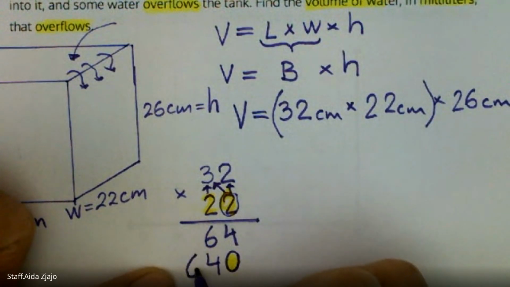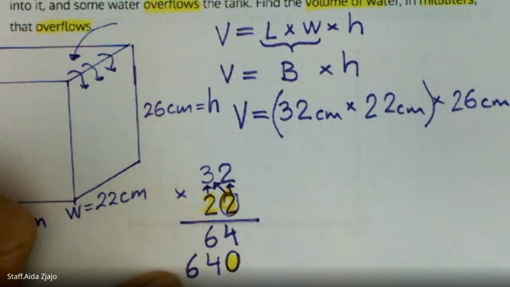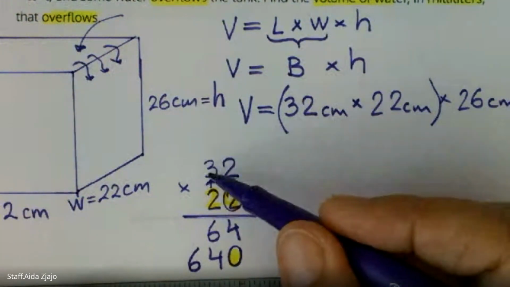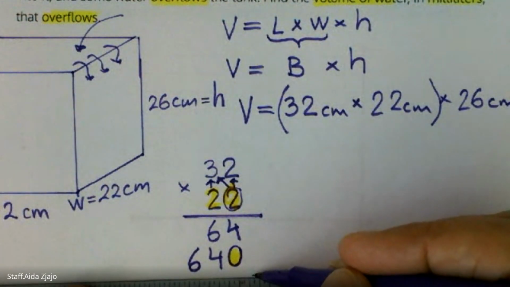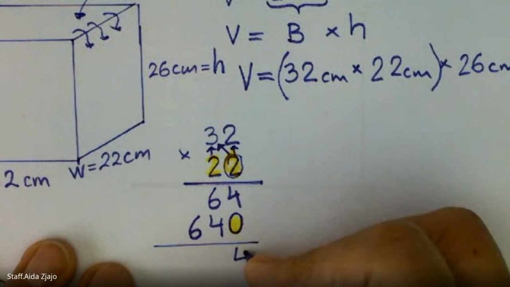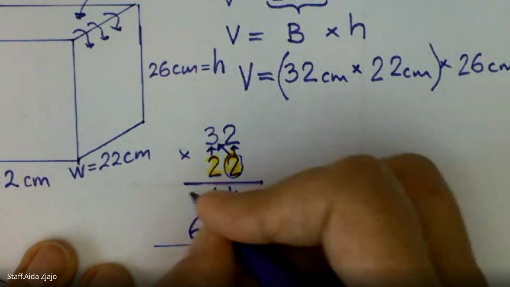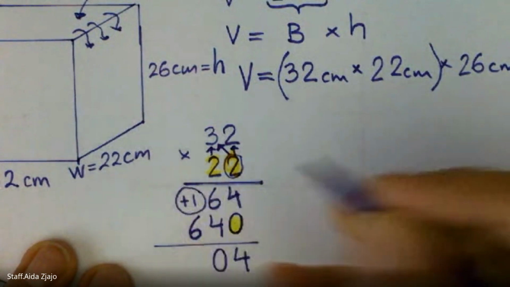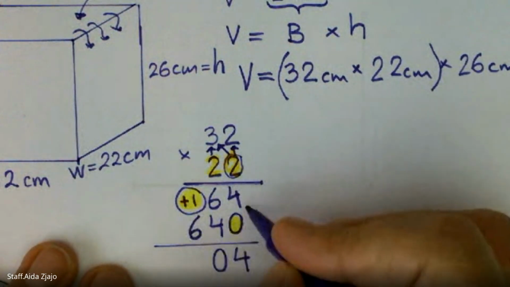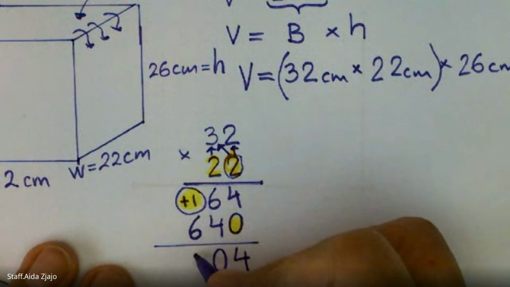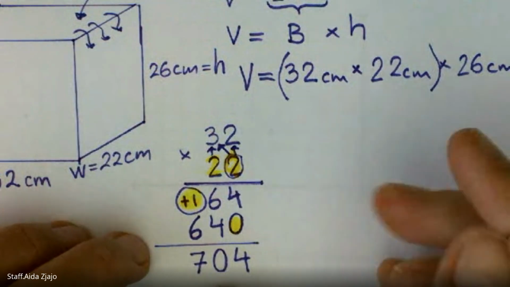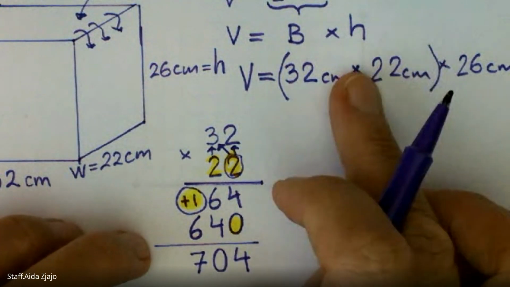So 20 times 32 is 640. Okay, remember the 1 I put in a circle, so don't forget to add this one. So that means 4, 0, plus 64 gives 704. Our base is 704 centimeters squared.